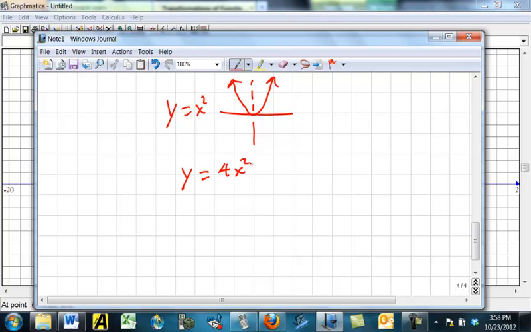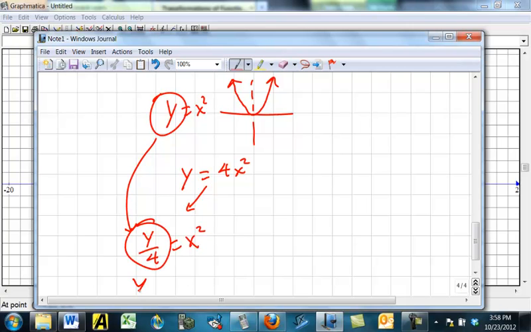You can think of that as a change in y or the change in x. As it's written, it's not really either one per se, but you could write it as y over 4 is x squared, which I think is the most natural way. And now we see that y has been replaced by y over 4, and so this is going to be a vertical stretch.